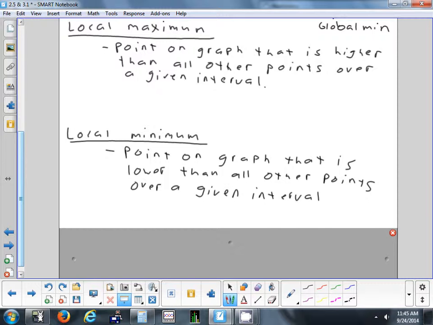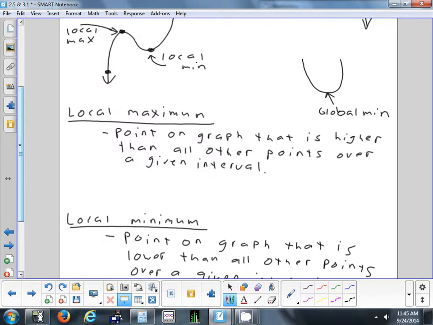In an even, there is. Think of your parabolas. There is a highest or a lowest point. What's a global? Global is it's higher or lower than anything in the entire function. So if you think of a parabola, right there is a global min. There's no other point that ever gets lower than that.